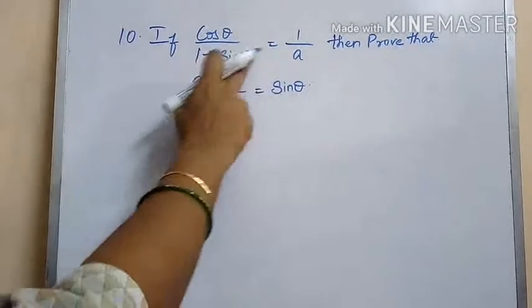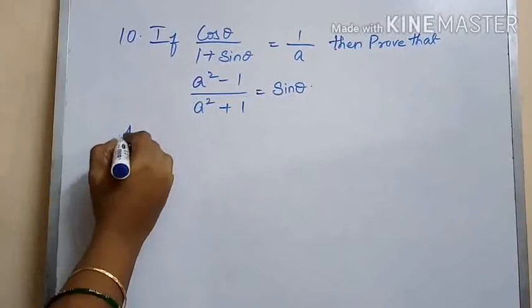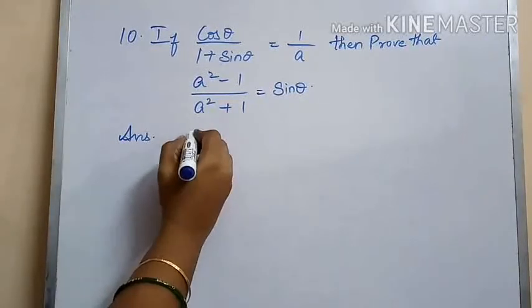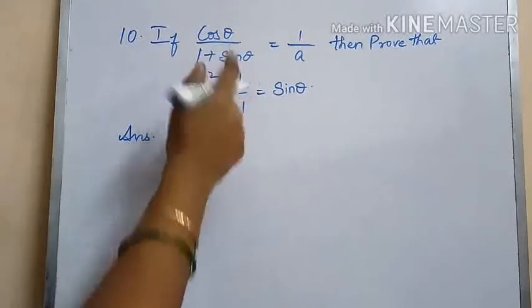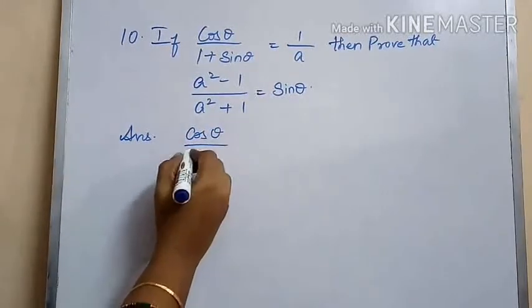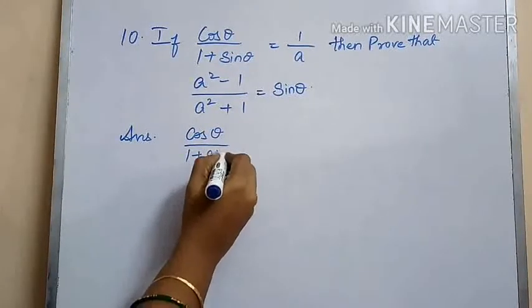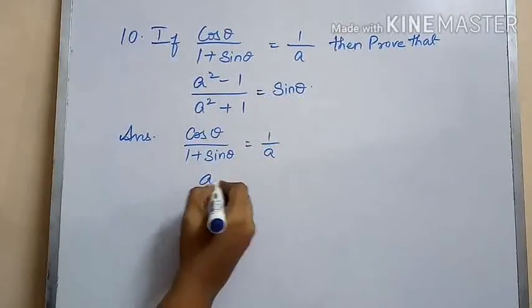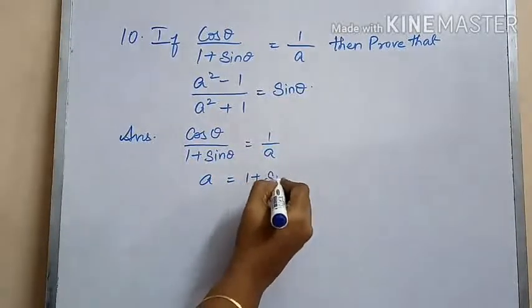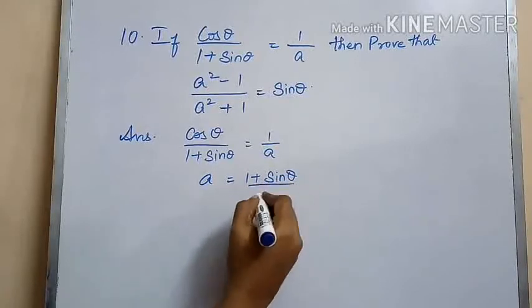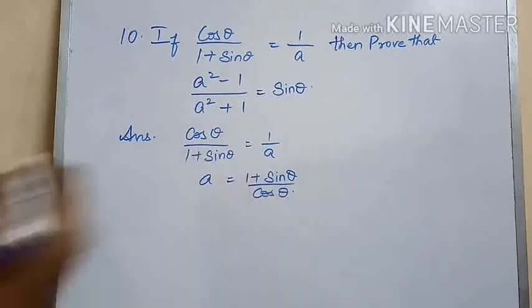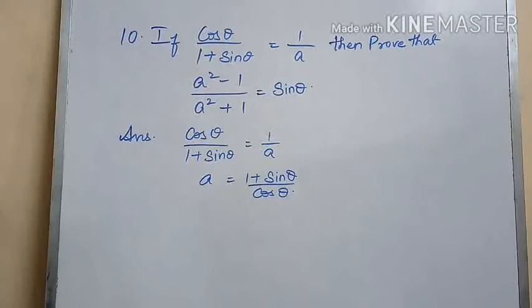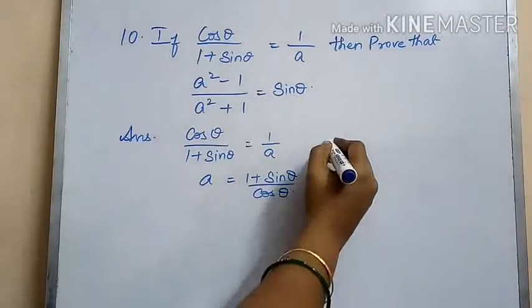The last problem of today's session is: if cos theta by 1 plus sin theta is equal to 1 by a, then prove that a squared minus 1 by a squared plus 1 is equal to sin theta. We are given that cos by 1 plus sin theta is equal to 1 by a. So we can write a is equal to 1 plus sin theta by cos theta.